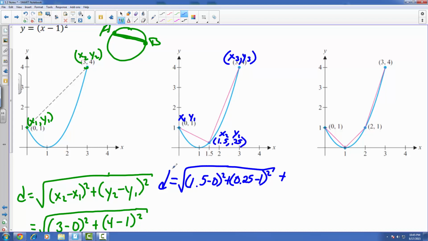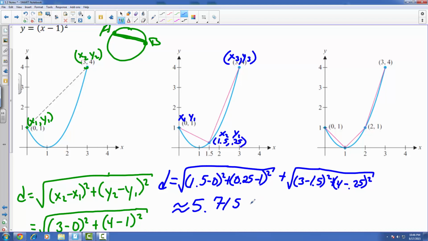Because in this first calculation you're finding this secant, but then you also have to tack on whatever this distance is. So we end up with the square root of 3 minus 1.5, quantity squared, plus 4 minus 0.25, quantity squared. That would be the setup, and this should come out to be about 5.71592.